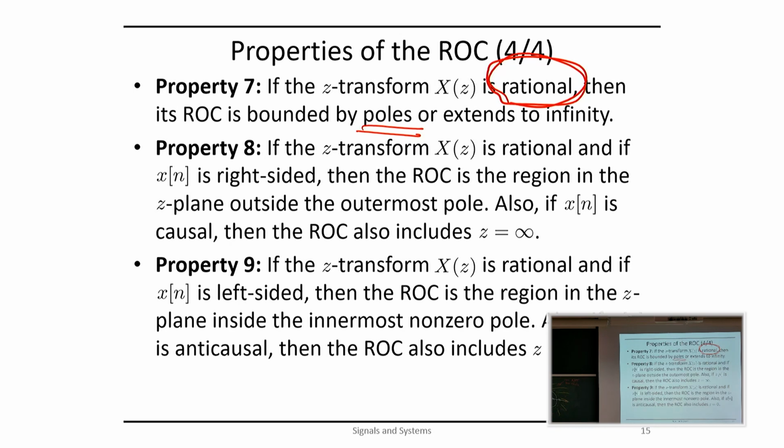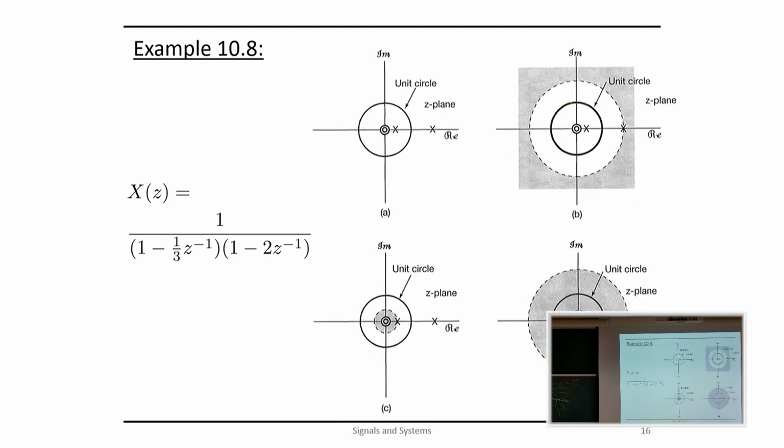All right, so let's look at this example. You can see all of these things keep on repeating. All these examples appeared in the previous chapter as well. So suppose that we have X of z that looks like this. This is rational, and if you want to find the poles and zeros, you want to write it into polynomials of z in both the numerator and denominator.